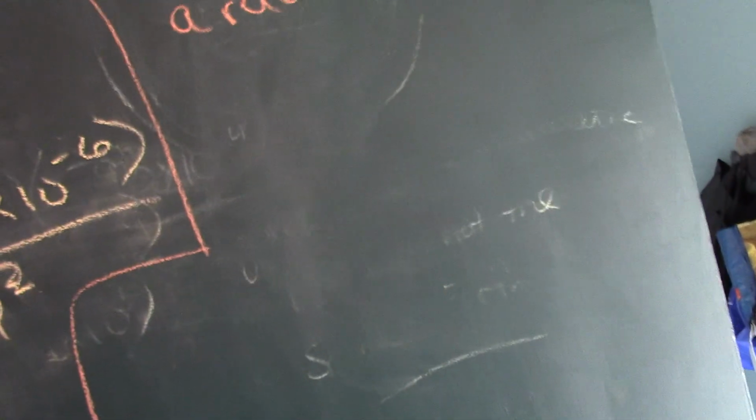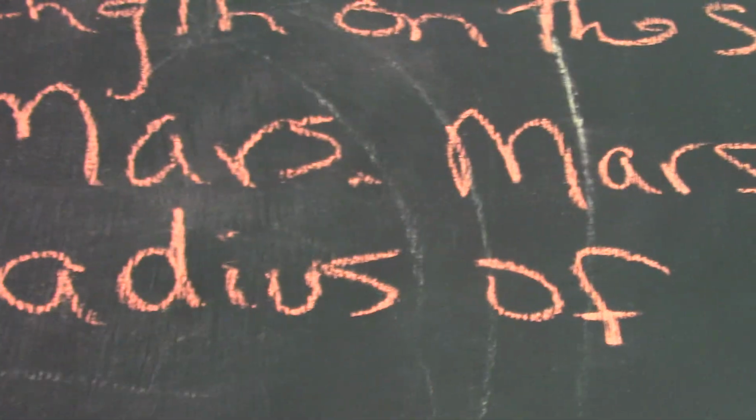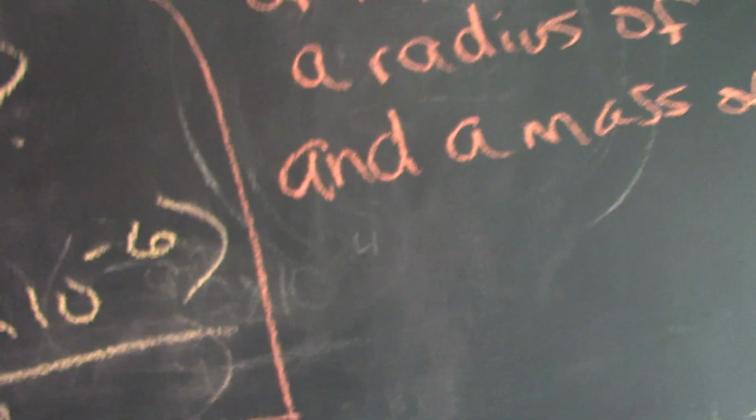Mars has a radius of 3.43 times 10 to the 6 meters and a mass of 6.37 times 10 to the 23rd kilograms.